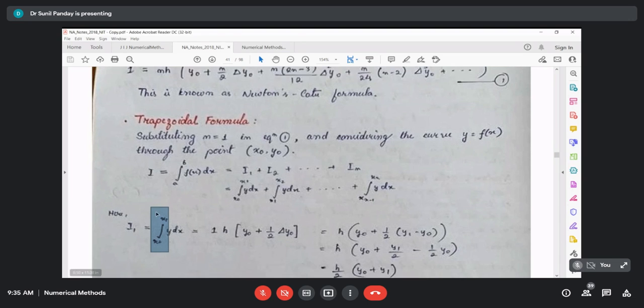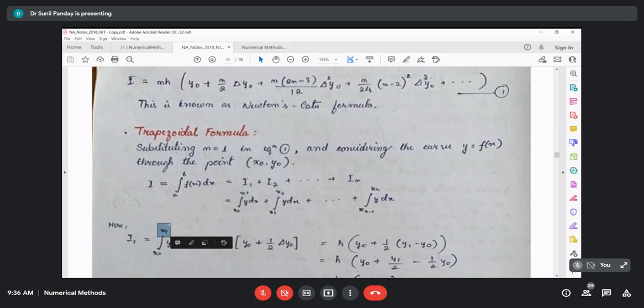Here I have only 2 points, so n equals 1. So I can fit a polynomial of degree 1 only, using the Newton forward interpolation formula, because I have only two points, x0 and x1.